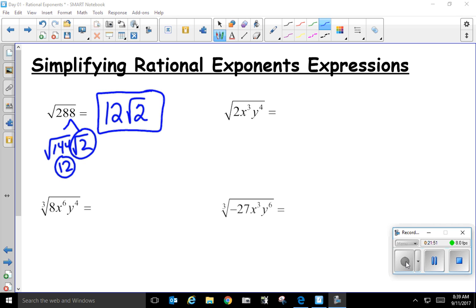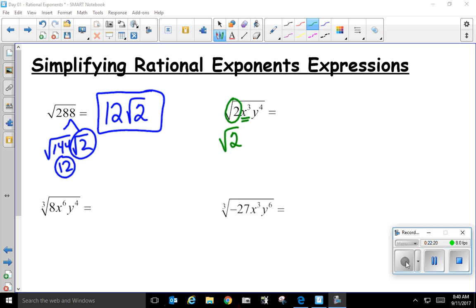What about the square root of 2x cubed y to the 4th? Well, first of all, can I take the square root of 2? No, so that's going to stay in the radical. What is the square root of x cubed? Just divide it without using your calculator.